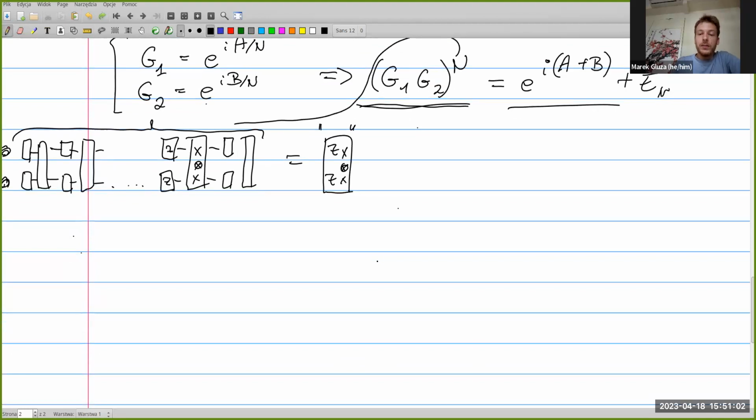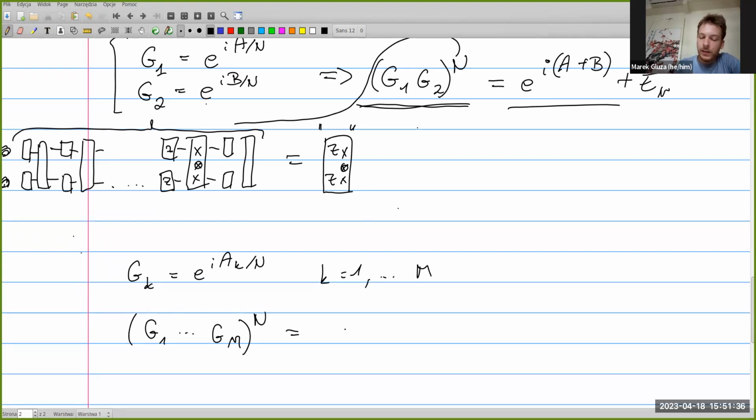Now we can do more complicated things with compiling. So for example, let's say I have n gates and the kth gate is e^{iA_k/n}. So what can I do with those gates? Basically, the Trotter-Suzuki decomposition tells us that if I take the product of the gates, with k from 1 until m, and I repeat this n times, I can get the evolution under the summation of A_k, k from 1 until m.